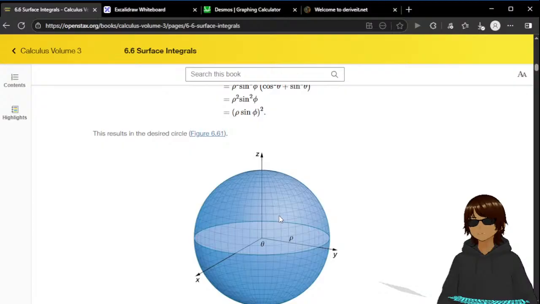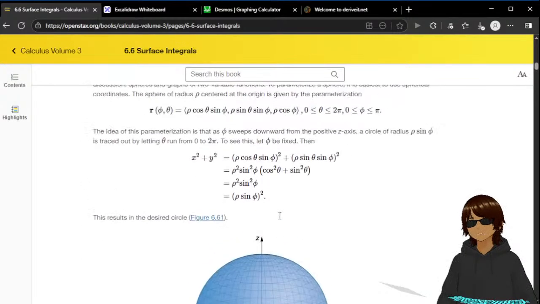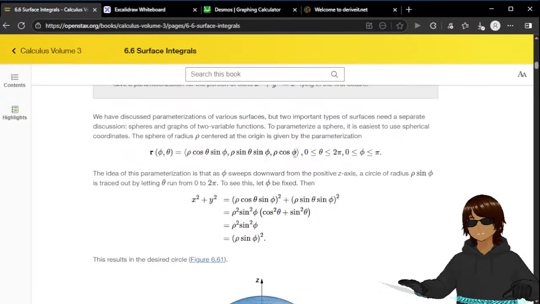What if we do 0 to pi from both sides? So phi, cos phi is 0 to pi. Z is from 0 to pi. No, wait.